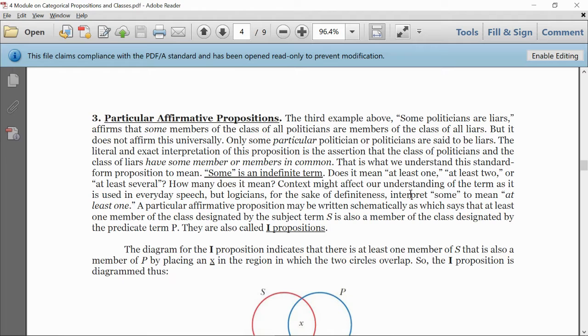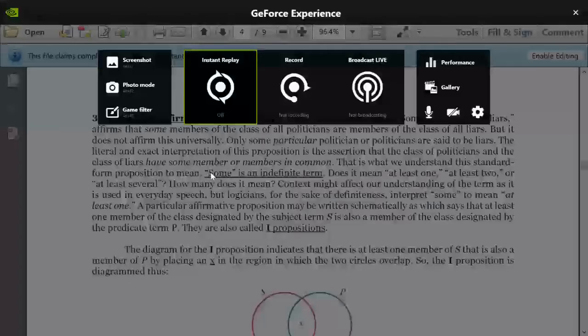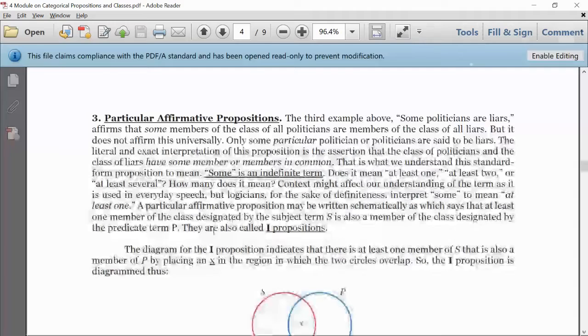Just like when making a claim in a certain class, you try to refrain from making generalization, and hence you use the term some to indicate that not all of them are included in another class.